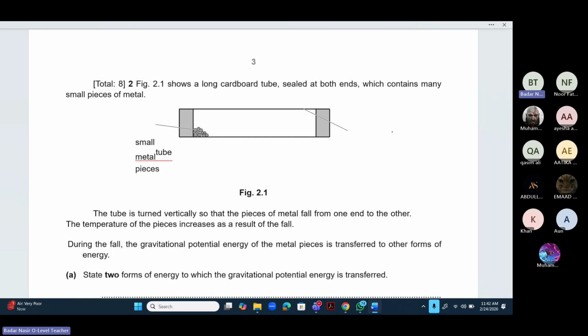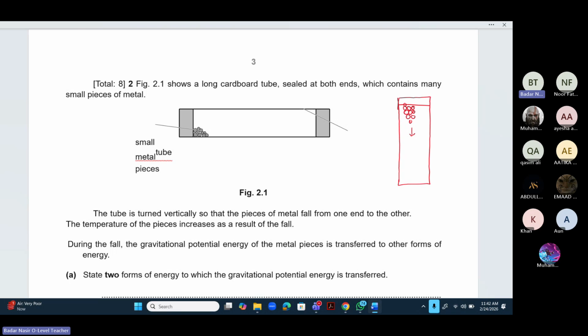So he's saying कि ये जो metal की tube है, we turn this metal tube vertically. So when you move this metal tube vertically, these small pieces that were present at the top are going to fall downwards. During the fall, the gravitational potential energy of the metal pieces is transferred to other forms of energy.